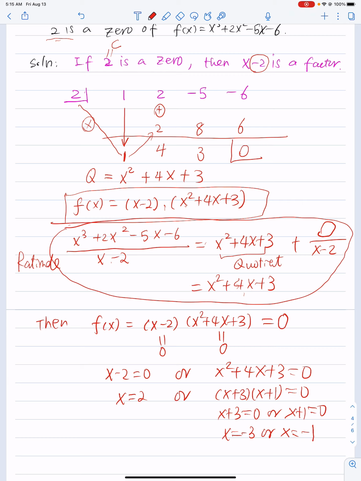So if you know one solution, what could we do? We can use synthetic division to find the quotient. So this means to factor the f(x), write it like a product of two factors, and then try to solve the remaining factor. Okay.